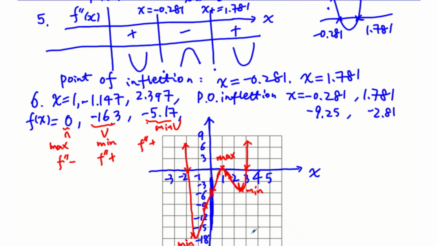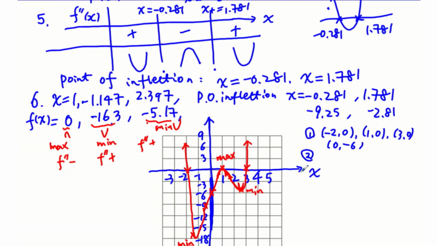So this is the graph. What we have found: first the zeros, which are (negative 2, 0), (1, 0), (3, 0). Then we find the y-intercept.